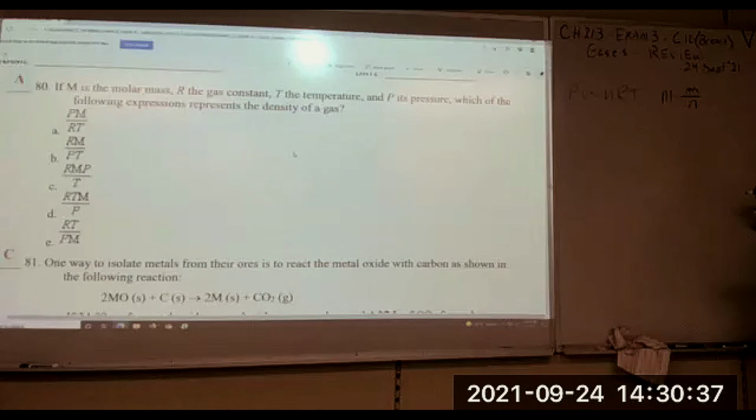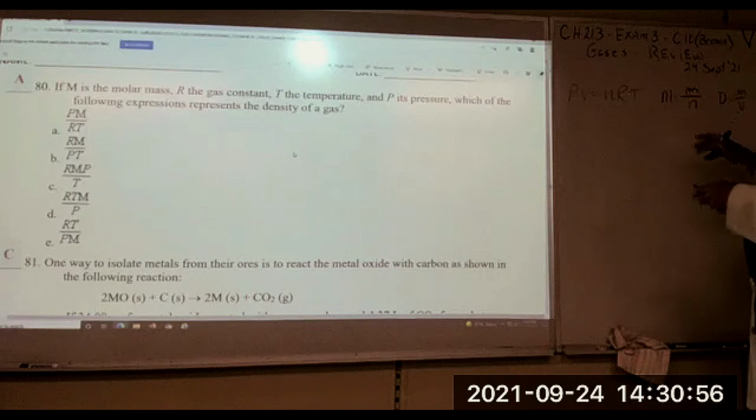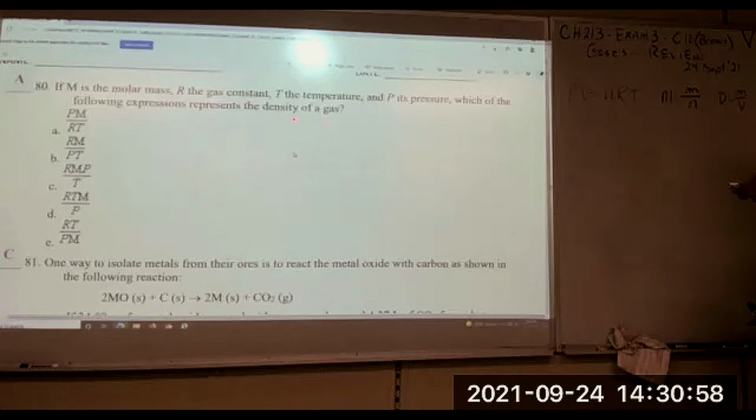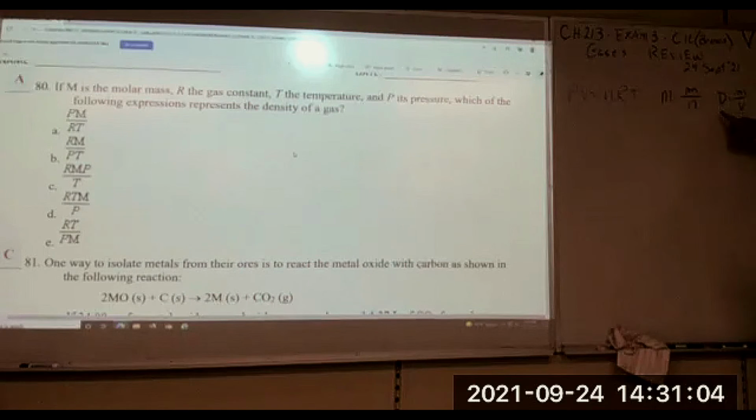We also know that density is involved. Well, actually, that's the question. What's the density of the gas? So density is equal to mass per volume. We need to combine these in some way so that the answer is density. We can approach this several different ways.